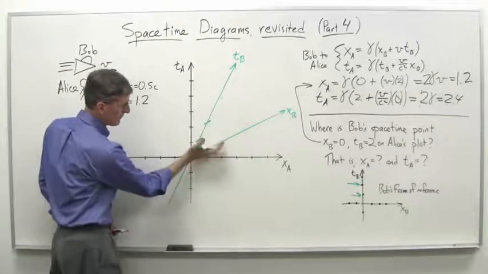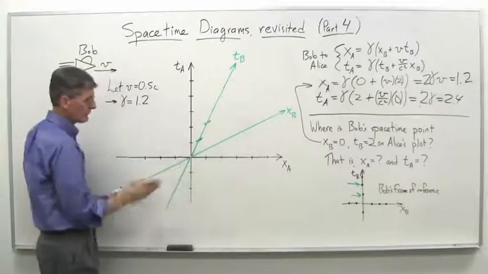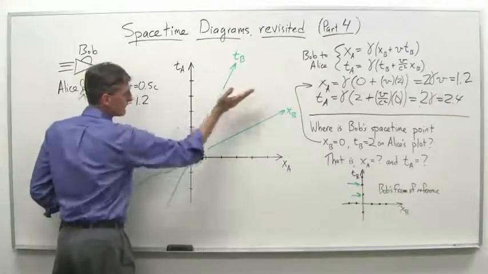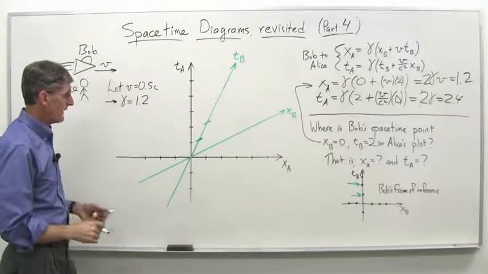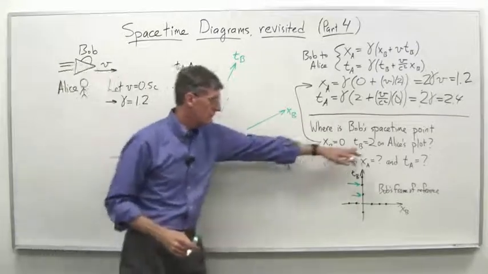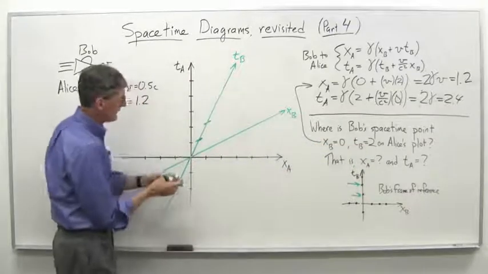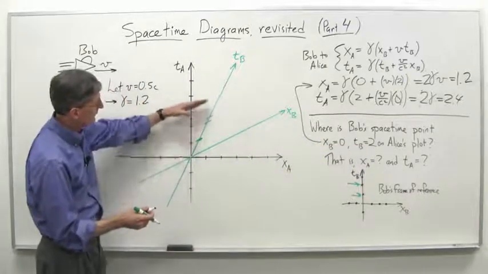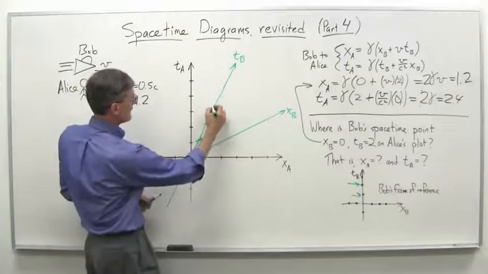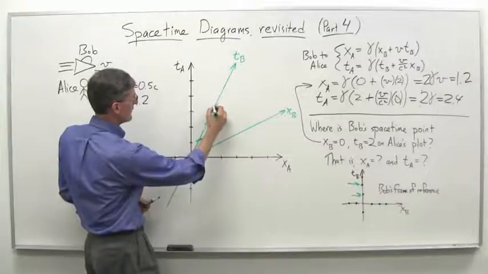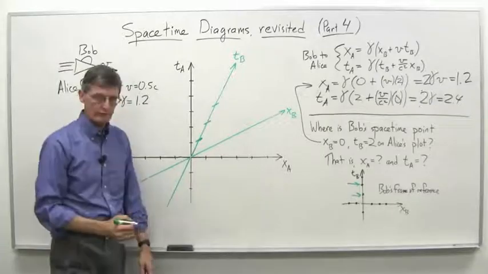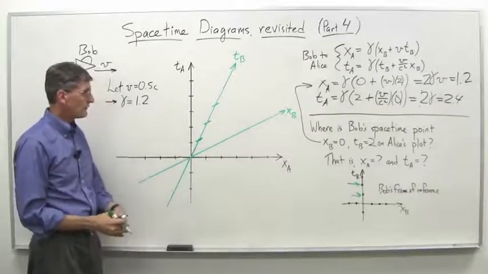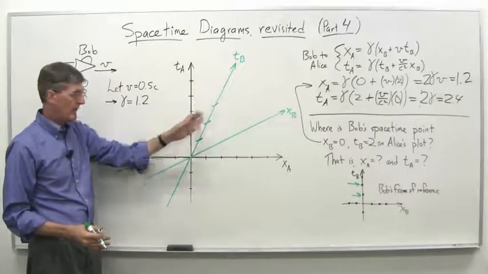Again, this tick mark is parallel to the x sub b axis because it marks out lines of simultaneity, as we were talking about in the last video clip. And we could continue doing this. We could do t sub b equals 3 and so on. You can see the pattern here. We got one there. The next one will probably be something like this, roughly speaking, and so forth. Okay? So that gives us the tick marks on the t sub b axis.